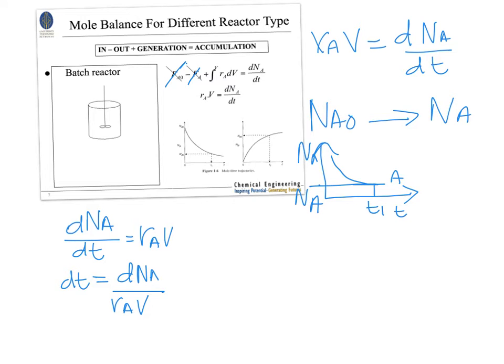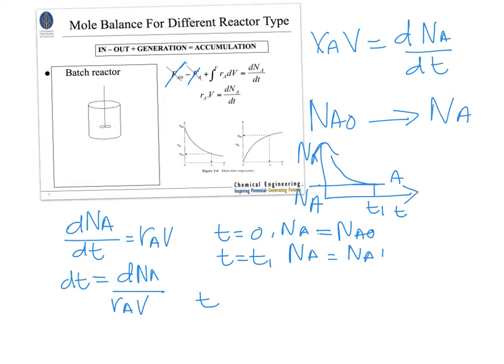So taking the limits at t equals 0, NA equals the initial NA0, and when t equals t1, your NA will equal NA1.